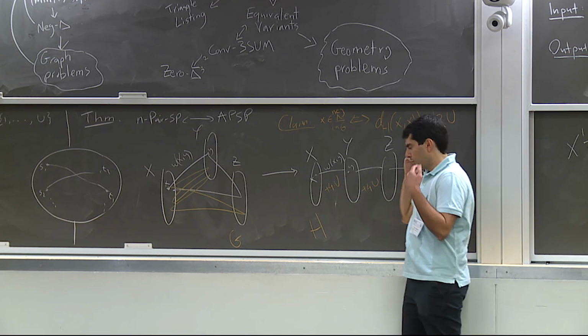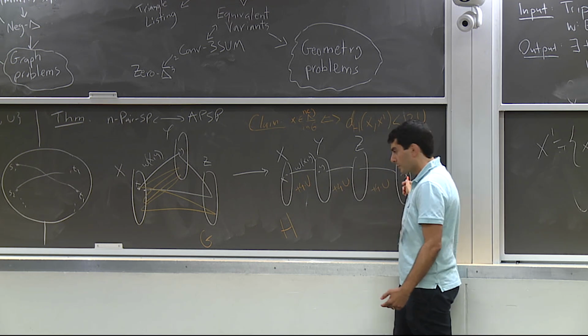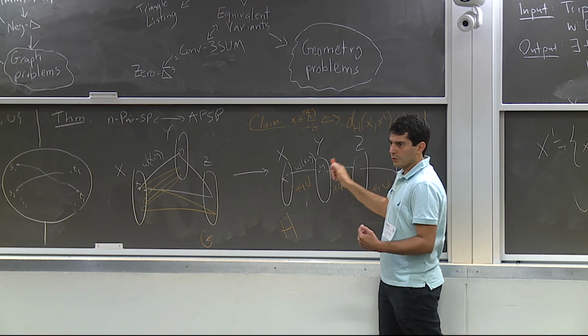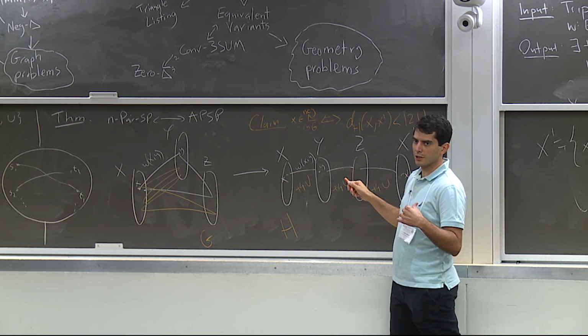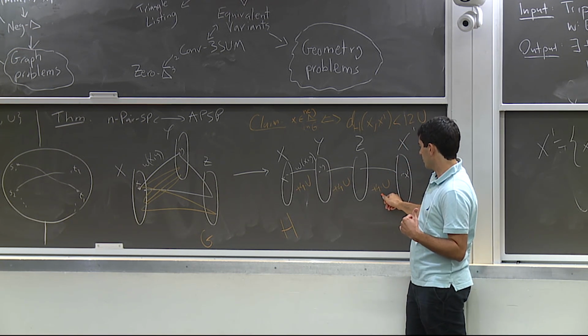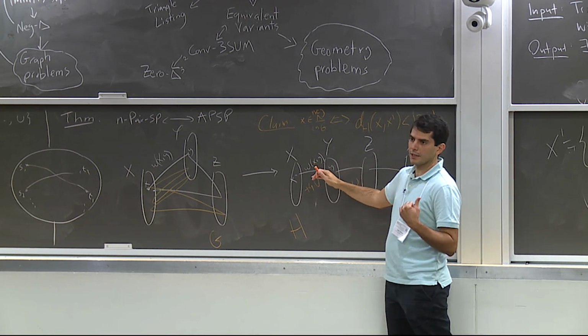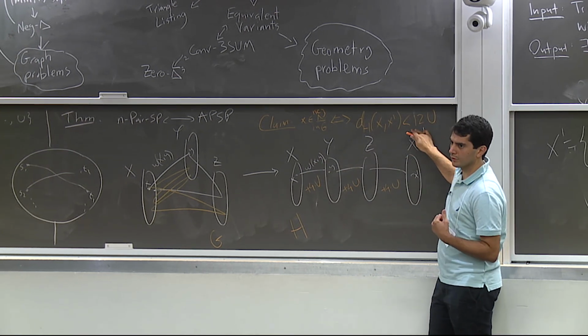Okay, so the good case is you take 3 edges, you go from x to x prime, and you're choosing a path that corresponds to a negative triangle. So the weight is 12u from the orange contributions, and then from the 3 edge weights, you get something negative. So you get less than 12u.